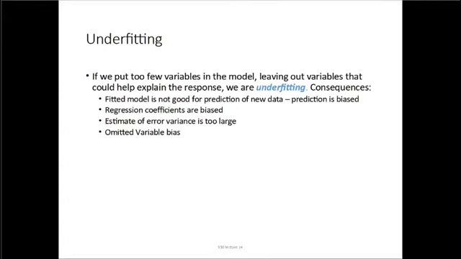If your model has just too few variables, and the most important variables are missing from your regression model, then you will encounter an issue called underfitting. There is also a technical term for that, which is omitted variable bias.